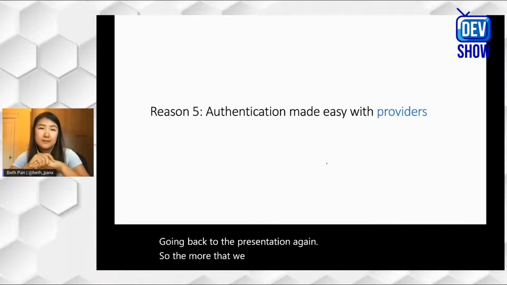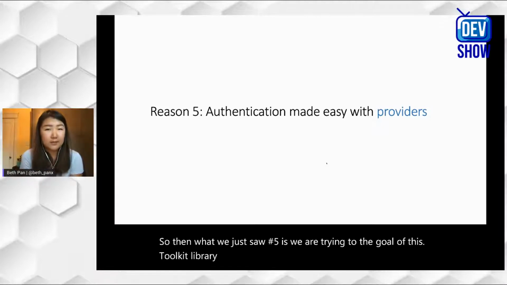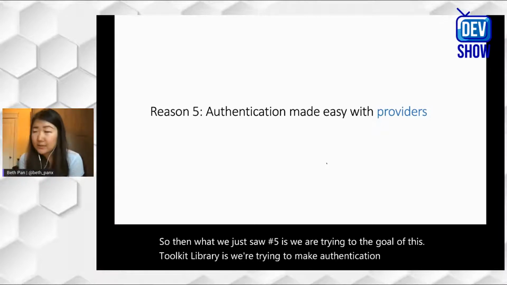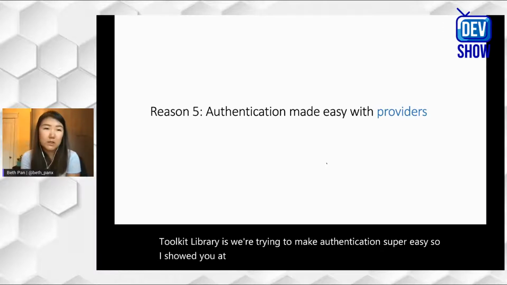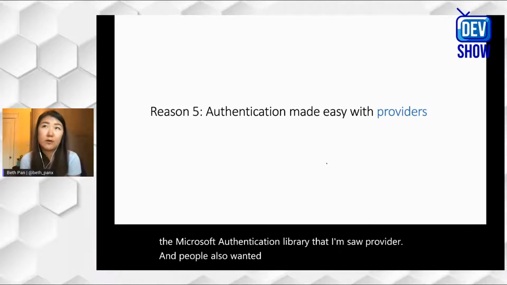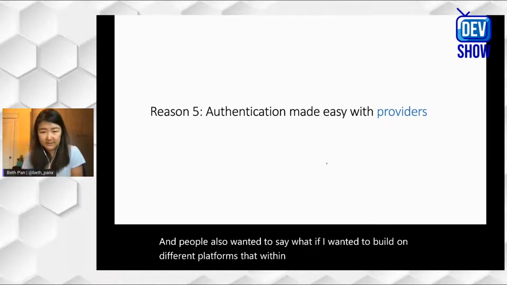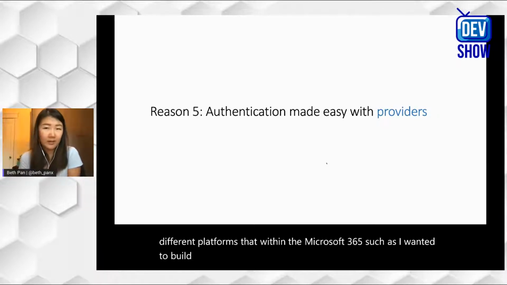Number 5 is the goal of this toolkit library: we're trying to make authentication super easy. I showed you at the beginning what it would look like to use the Microsoft Authentication Library, the MSAL provider. People also wanted to know what if they wanted to build on different platforms within Microsoft 365, such as a Teams tab app.